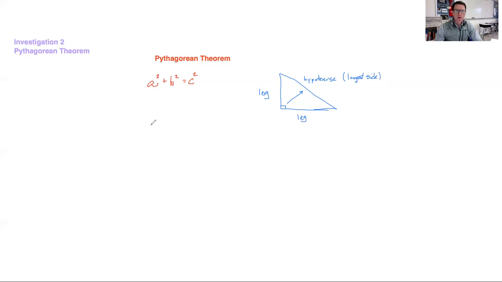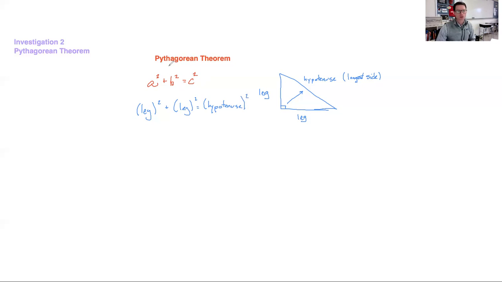If we go back to this formula, what we really should say for the Pythagorean theorem is that it is leg squared plus leg squared equals the hypotenuse squared.